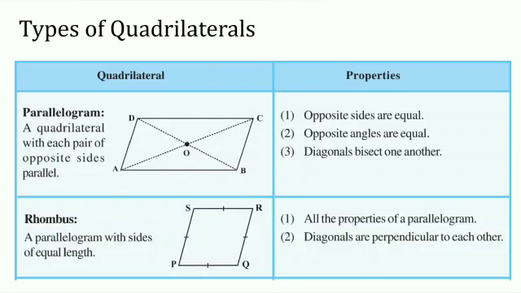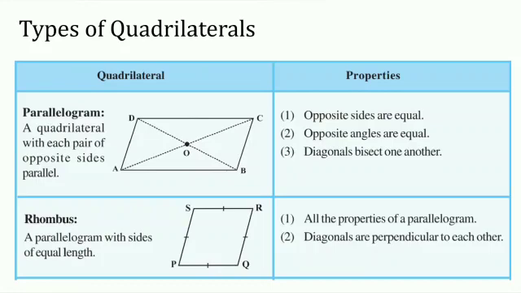Before we start the exercise, let's discuss different types of quadrilaterals and their properties that we have already done in the second session. First one is parallelogram. It is a quadrilateral with each pair of opposite sides parallel.